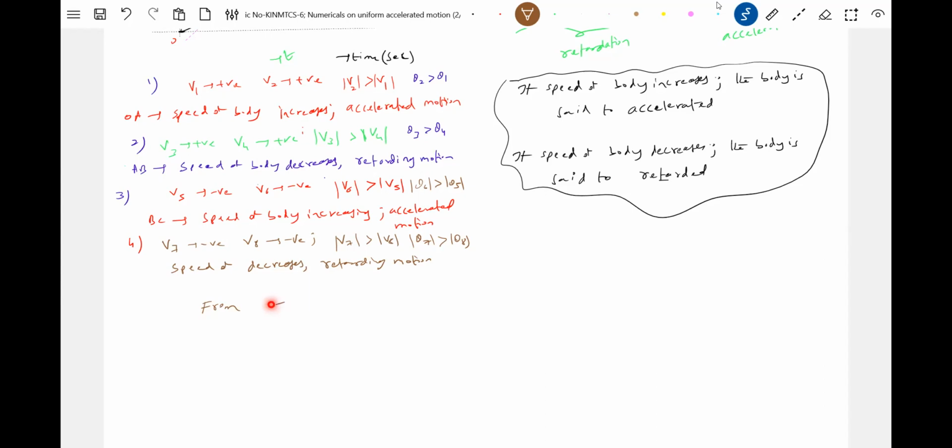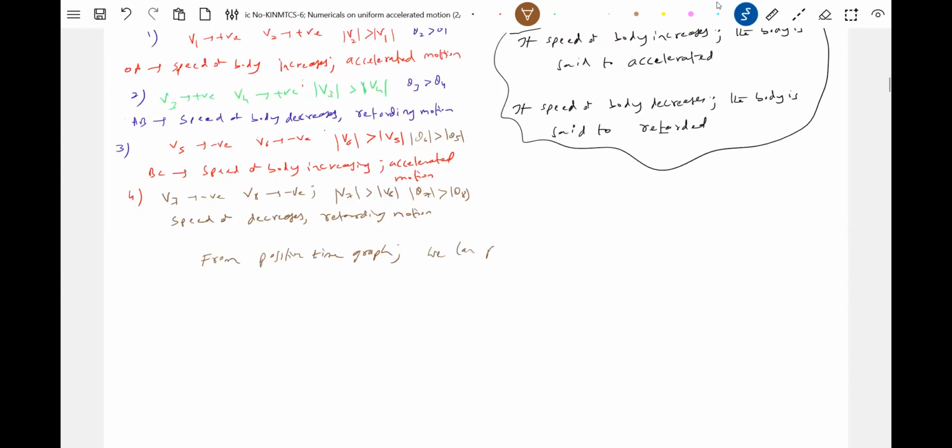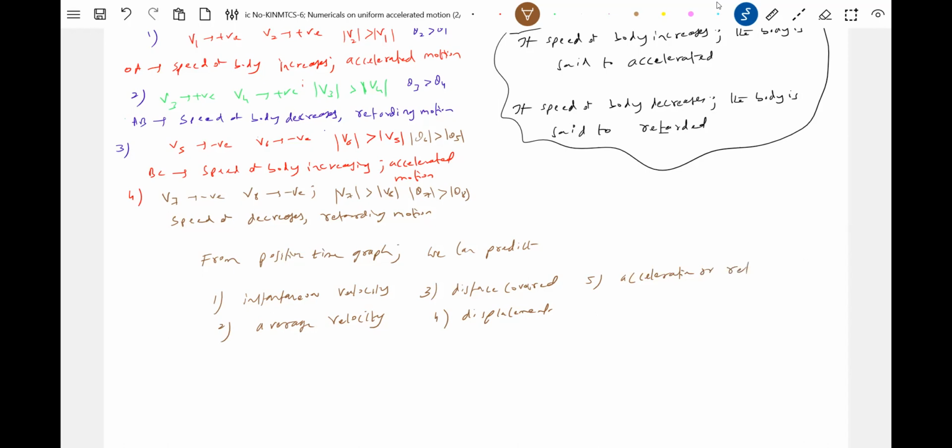From the position versus time graph, we can predict instantaneous velocity, average velocity, distance covered, displacement, acceleration or retardation.